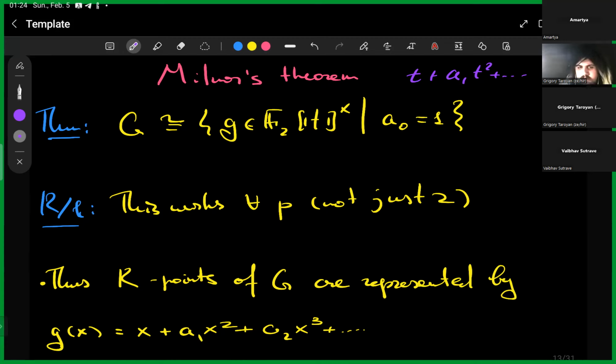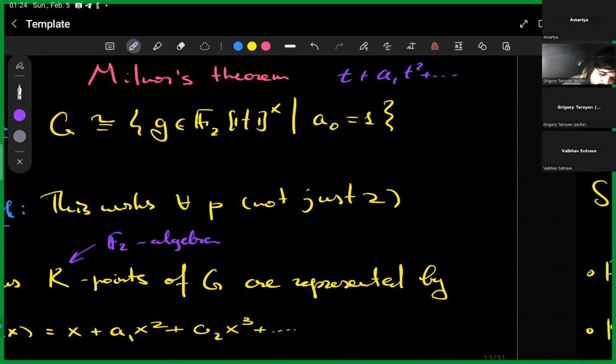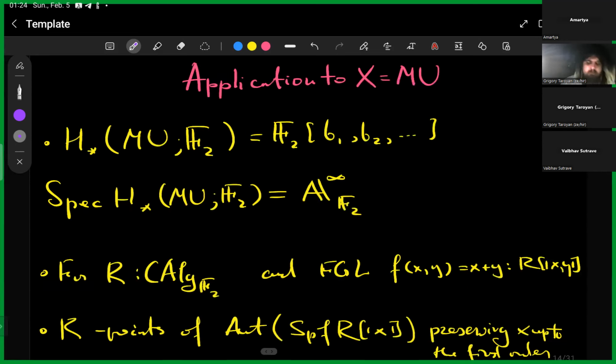And in particular, this means that for any R, which is an F2 algebra, we have a representation like this of the elements of our group of points over R of the group scheme G. So now, the main technical goal of today's talk is to compute homotopy groups of MU.